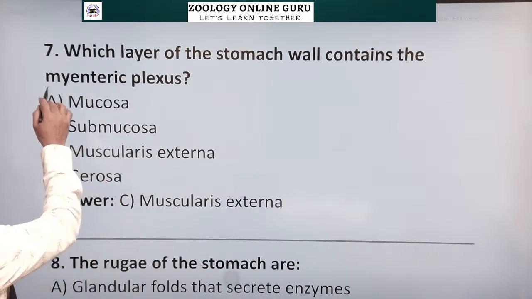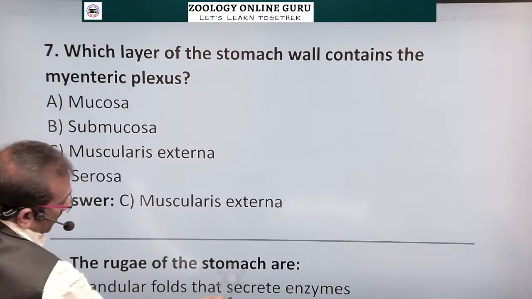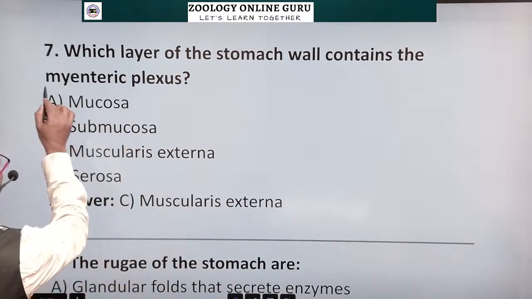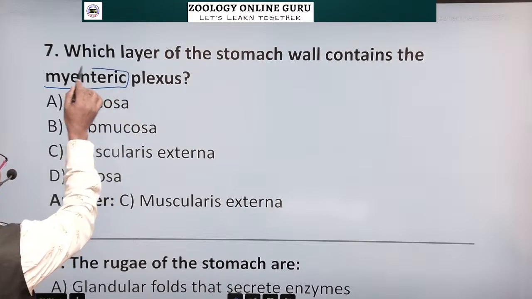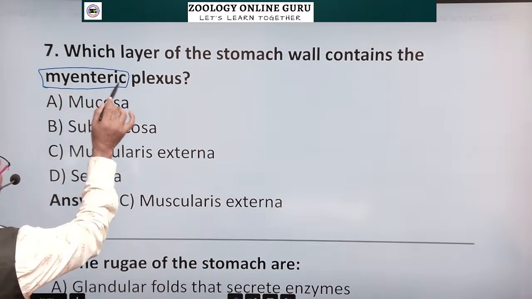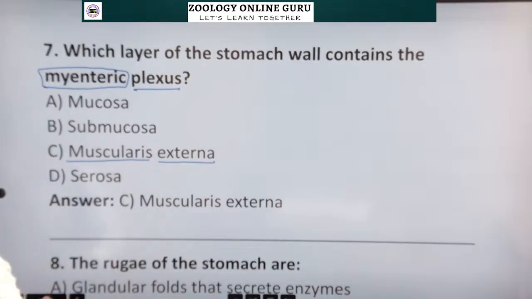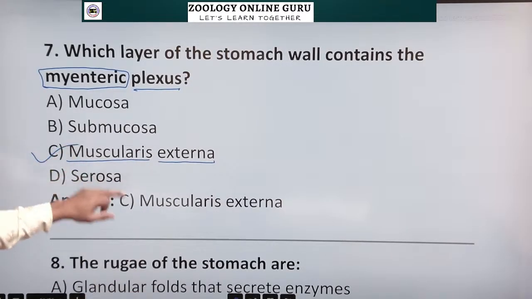Here myo means muscles, so it is very simple to answer. So the plexus is in the muscularis externa, where muscles are there. So the answer is C for question number 7.